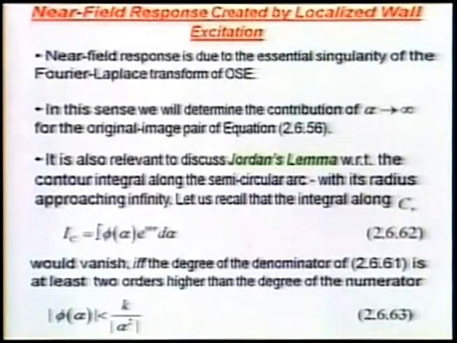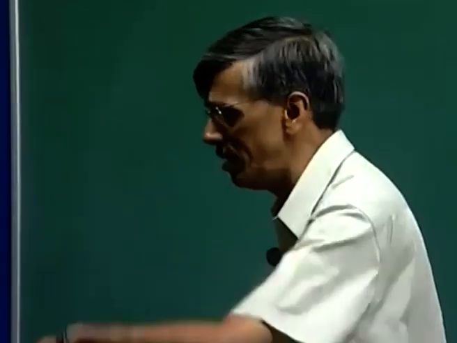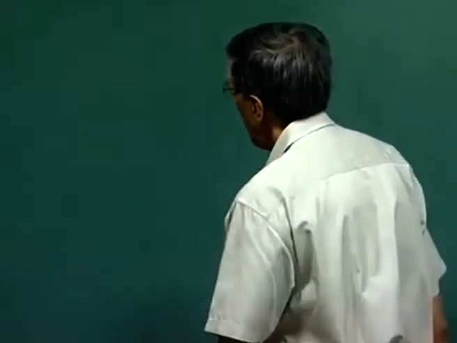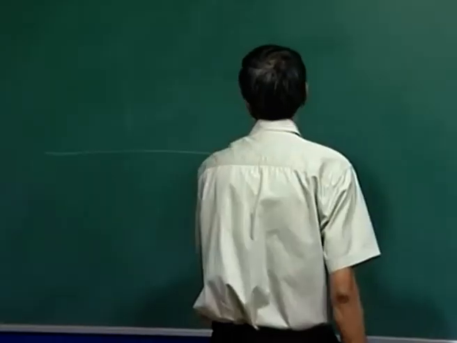And in the context you do have to revisit Jordan's lemma, which says that the contribution coming from the semicircular arc would be vanishingly small as the radius of the arc goes to infinity.